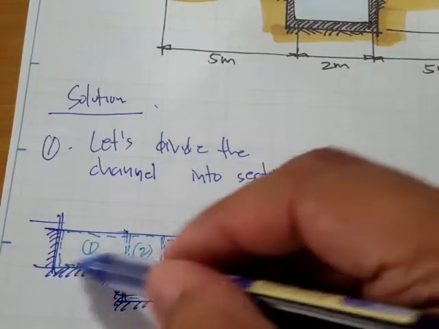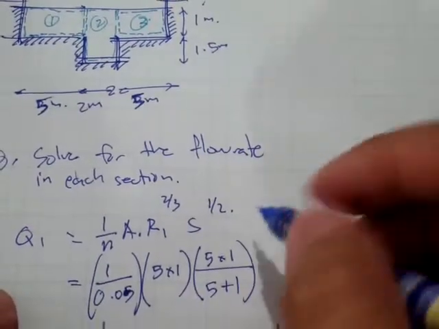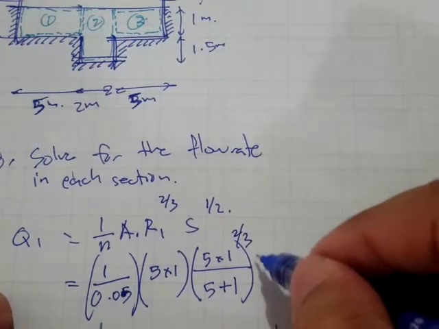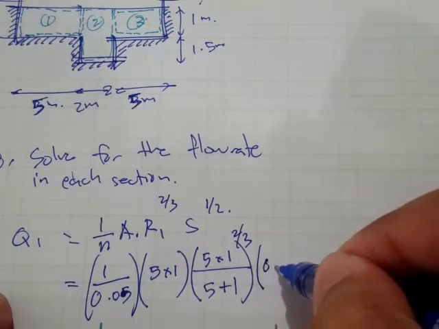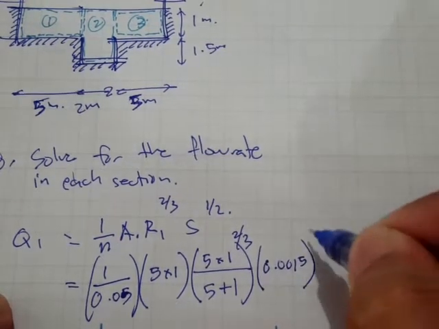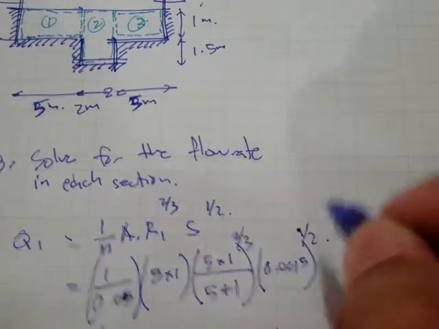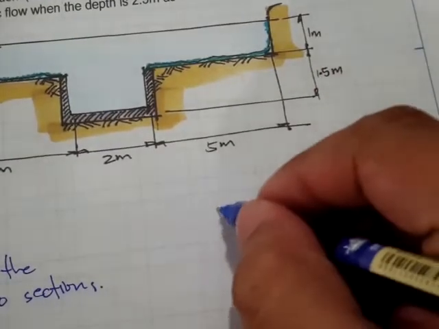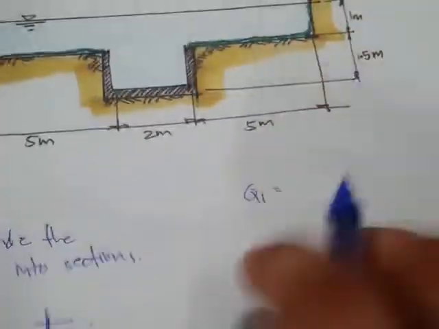So 5 plus 1, raised to 2/3, and our S is 0.0015 raised to 1/2.